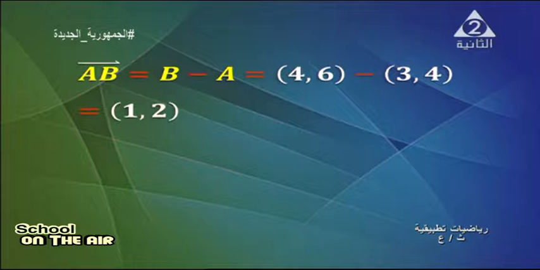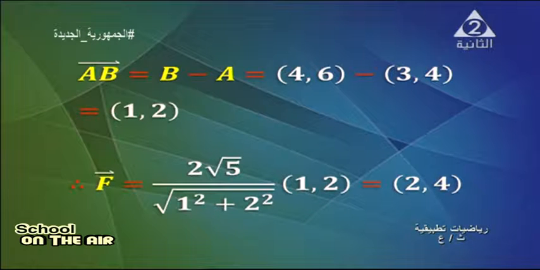At first, find vector AB equals B minus A. Point B (4, 6), point A (3, 4). 4 minus 3 is 1, 6 minus 4 is 2. This is the vector AB. Then we know that the vector F equals the norm of F over the norm of vector AB times vector AB.